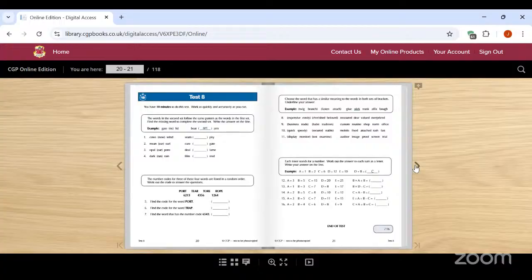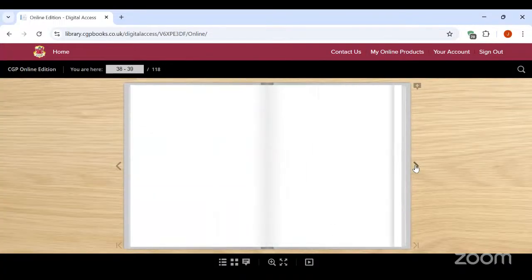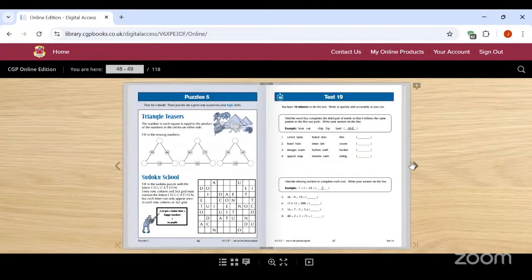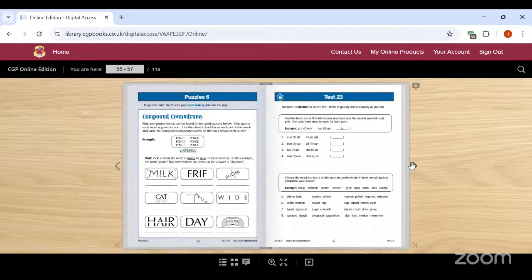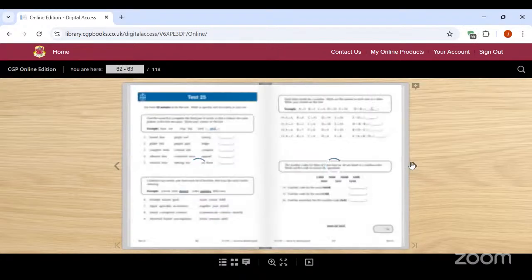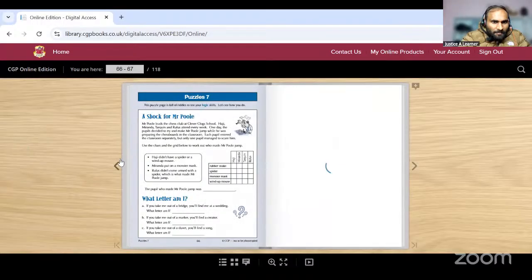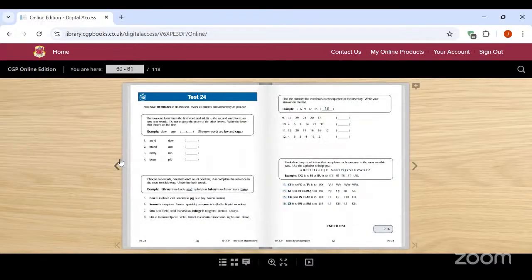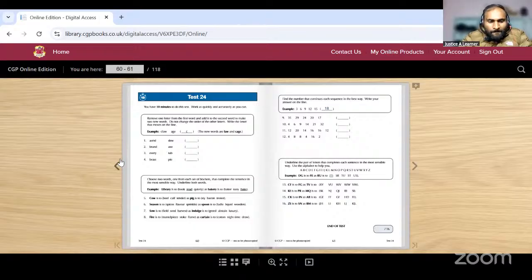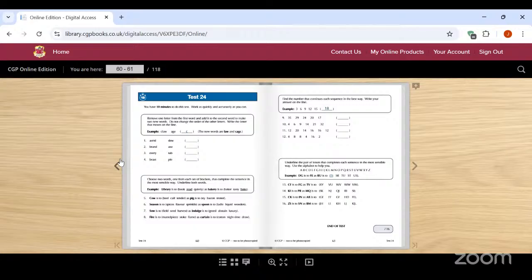That's 24. Yeah, this one. Oh, that's 10, sorry. Yeah, this one. 13, 14, 15, and 16.